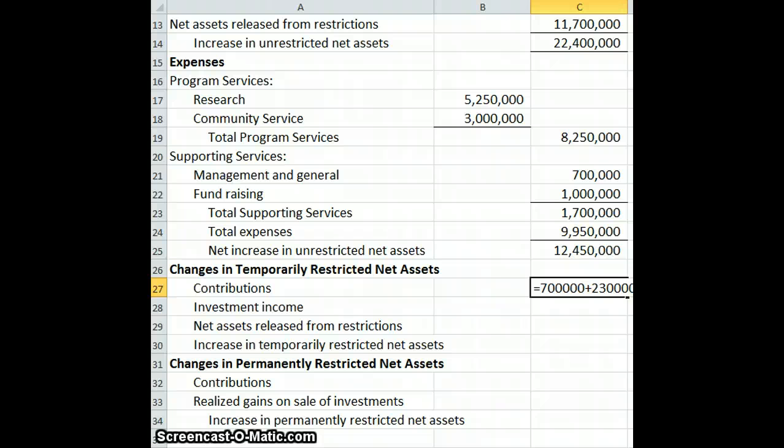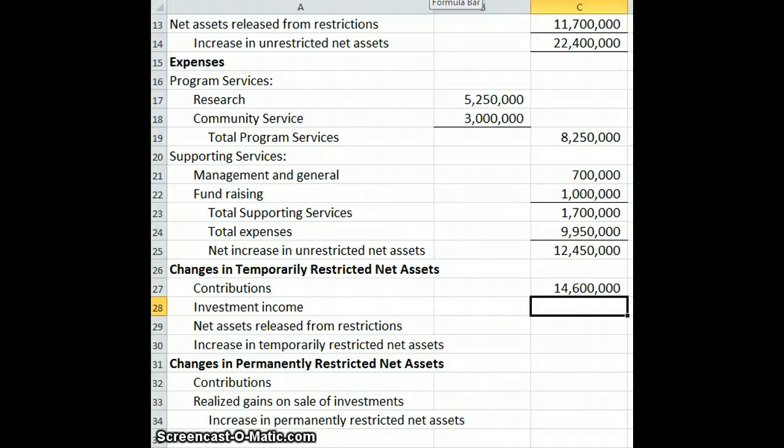Term endowments are temporarily restricted. It means they're restricted for a certain period of time. And then we also have contributions for our restricted plant assets. That amount is restricted to build plant items. So our total restrictions for contributions under temporarily restricted net assets is equal to $14,600,000.